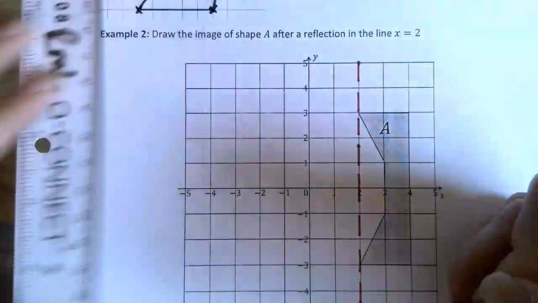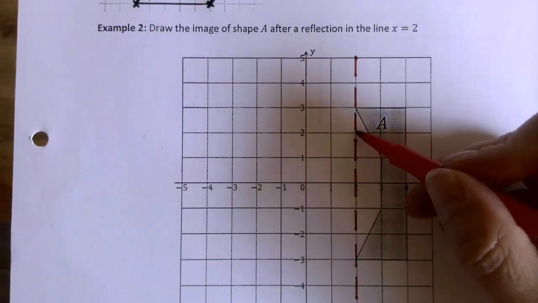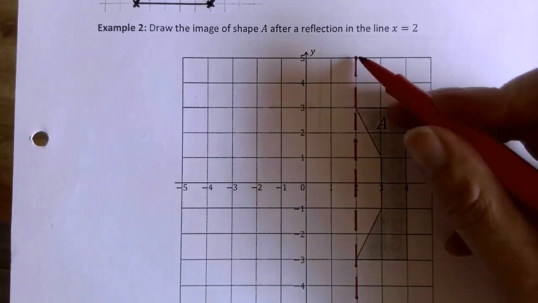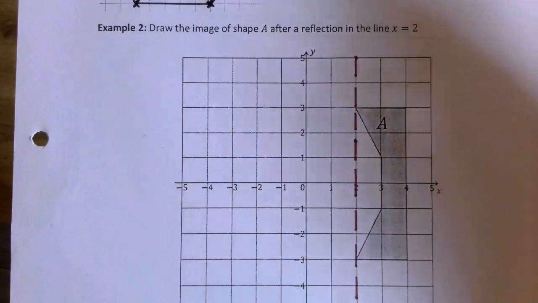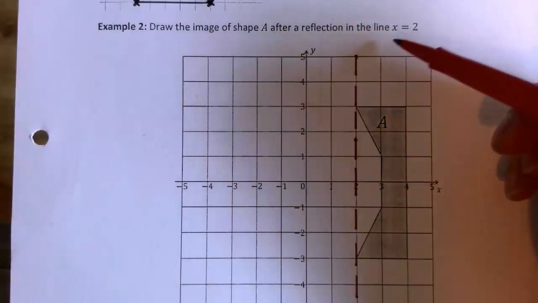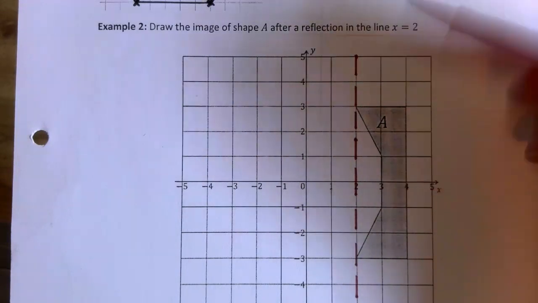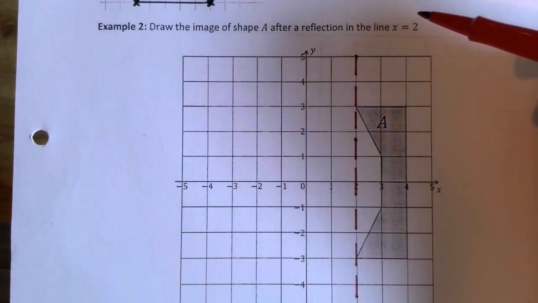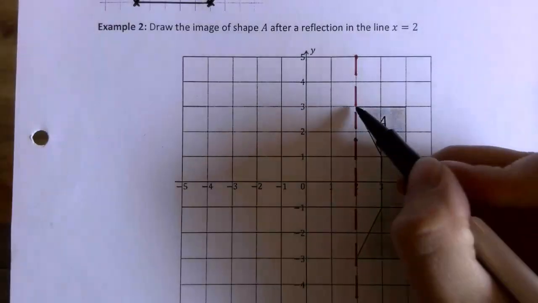Because if we think about every single point on this line, this coordinate here is (2, 1), this one's (2, 2), (2, 3), (2, 4), (2, 5), (2, -1), (2, -2), (2, -3), etc. So the line x equals 2 is the line that goes down through 2 on the x-axis. It's the line that has every single x coordinate as 2. Once we've got that, drawing the reflection is the same as before. This point is here.